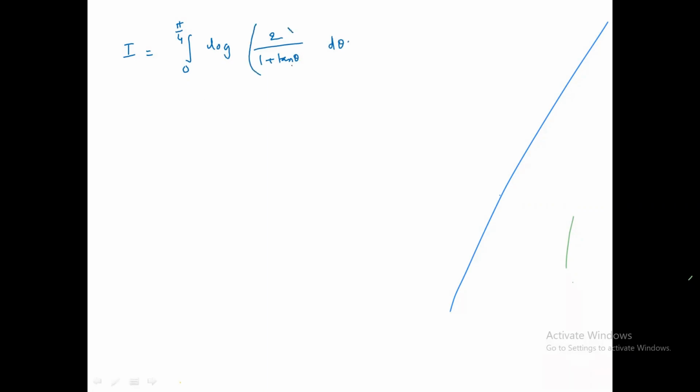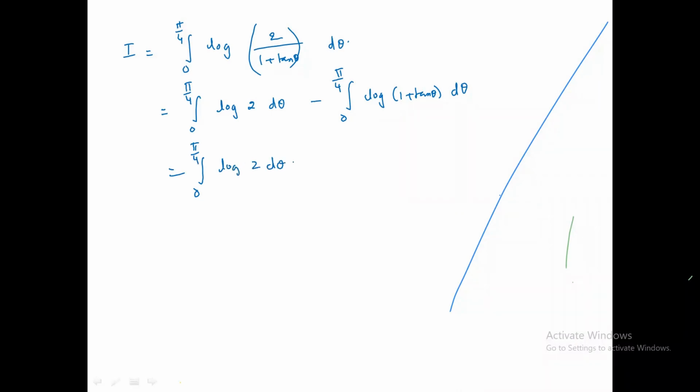This is what I got until now, which I can write as integral 0 to pi by 4 log 2 d theta minus integral 0 to pi by 4 log 1 plus tan theta d theta. This integral, log 2 d theta, is very easy for me. The difficult part is the minus one, only this is difficult.